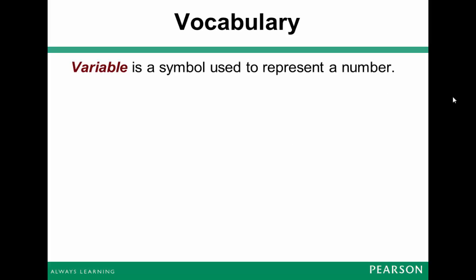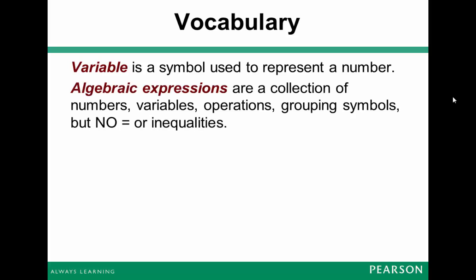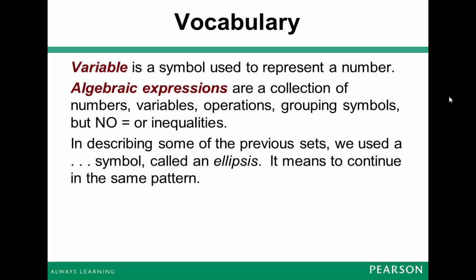Now our vocabulary words that we come out of this section with are variable, and that's a symbol used to represent a number. An algebraic expression, which is a collection of numbers, variables, operations, grouping symbols. There are no equals, nor are there inequalities, less than or equal to.